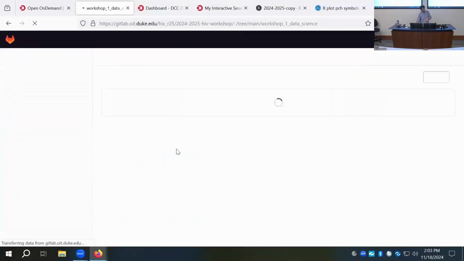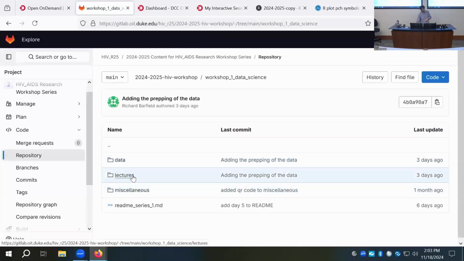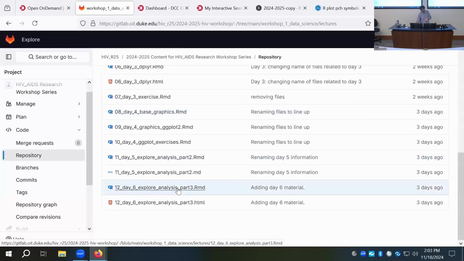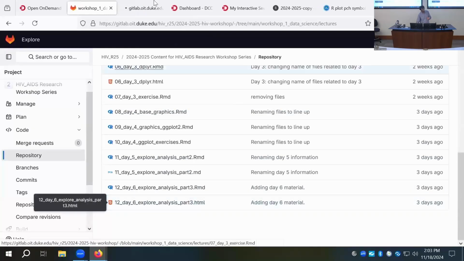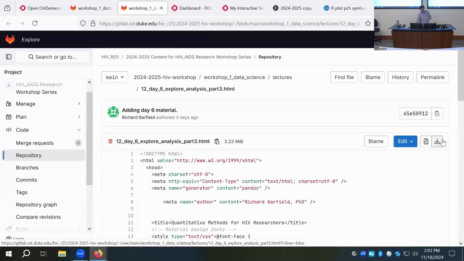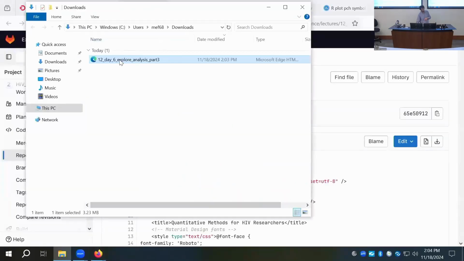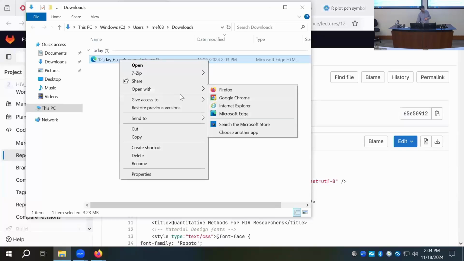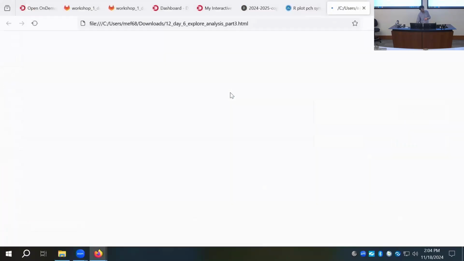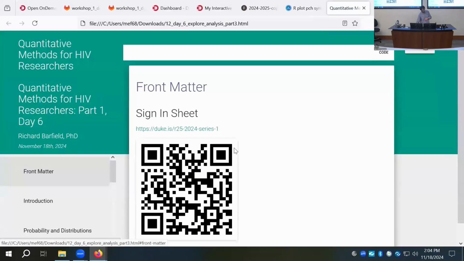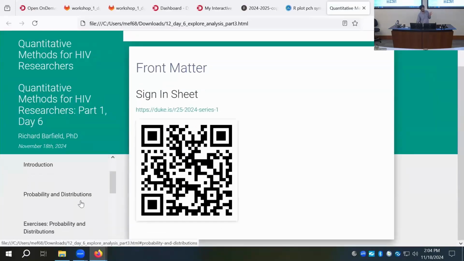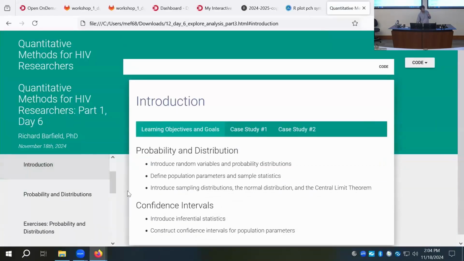So let's go into data sciences, go into lectures. This is going to be a little annoying because it's this HTML document. I'm going to download it, and then I'm going to ask it to open in Firefox because I don't like Edge. Okay, so this is what the compiled document looks like.